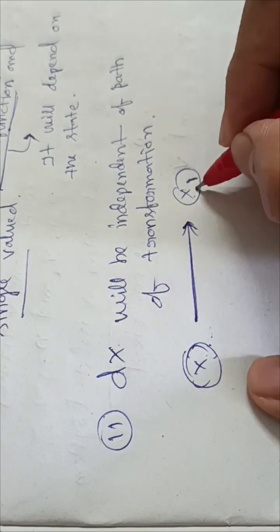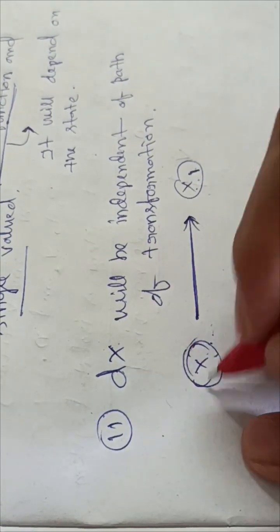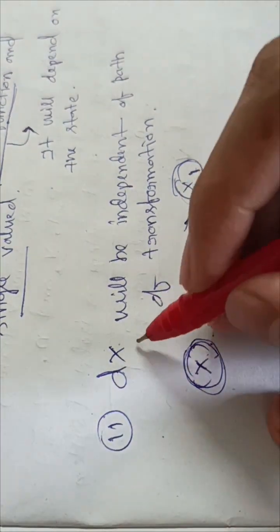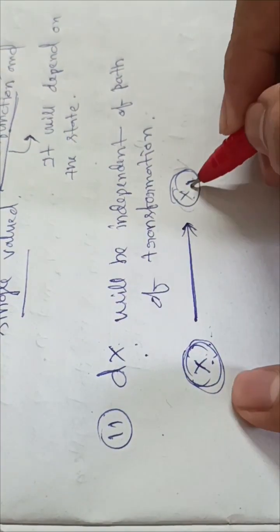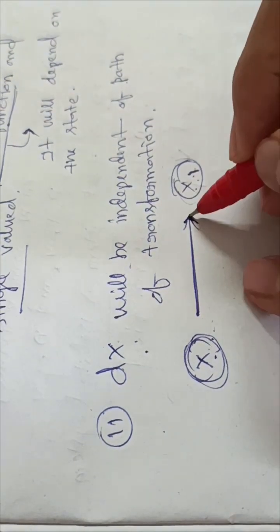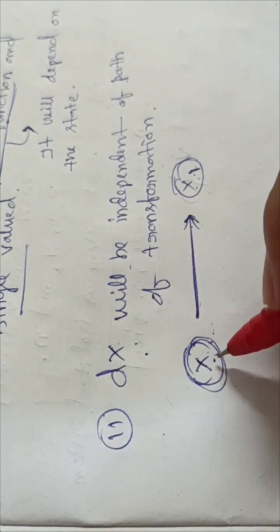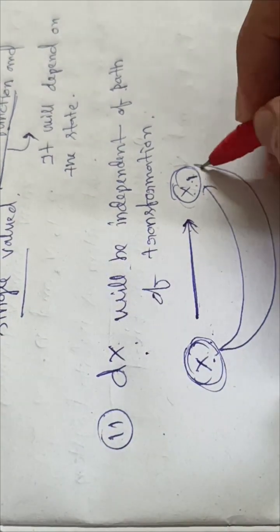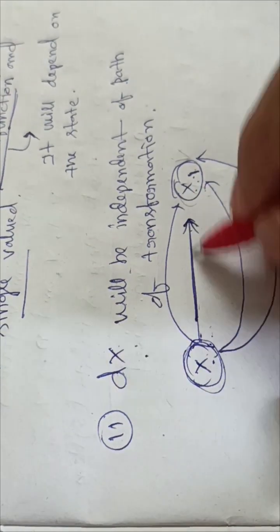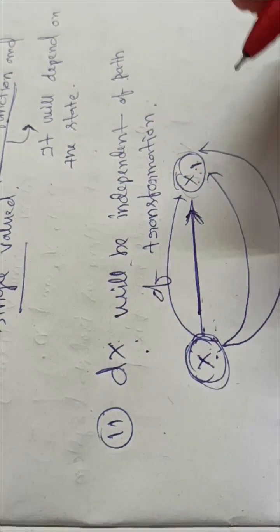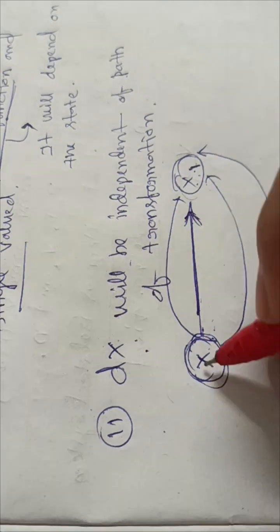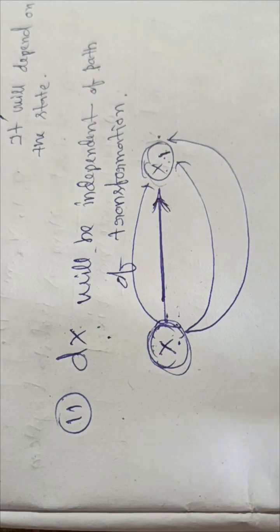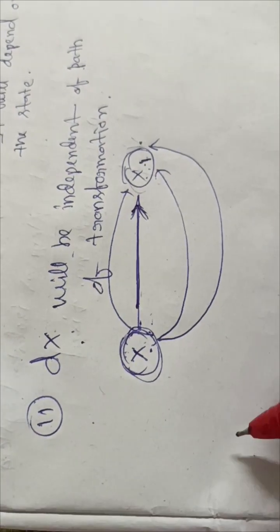So dx, the change from here to here, is independent of the path of the transformation. Whether x to x1 goes through this path, or this path, or a straight line path, it will not depend on that.